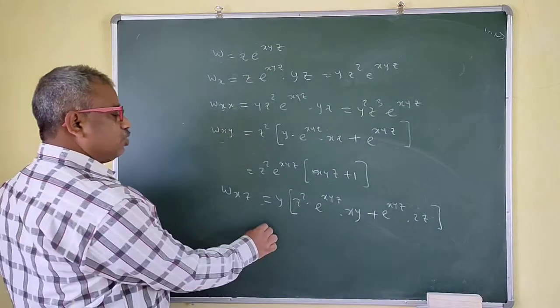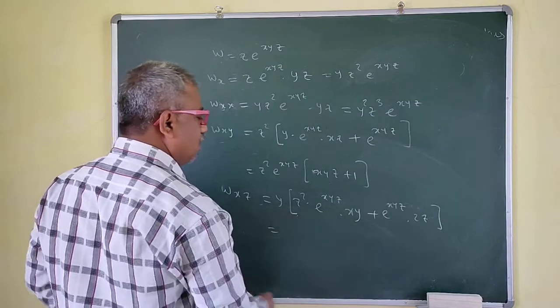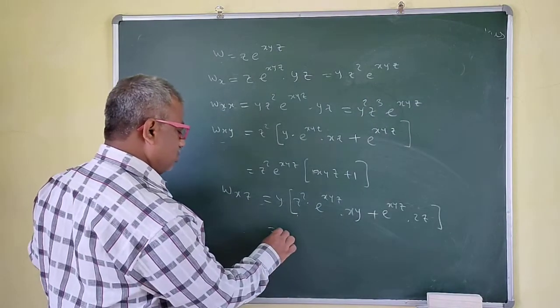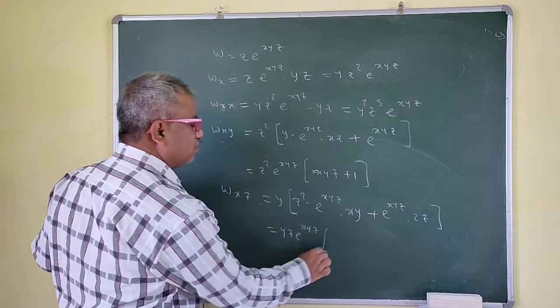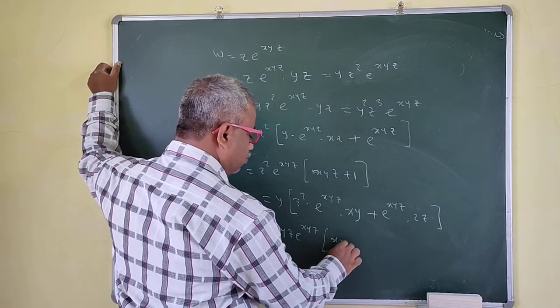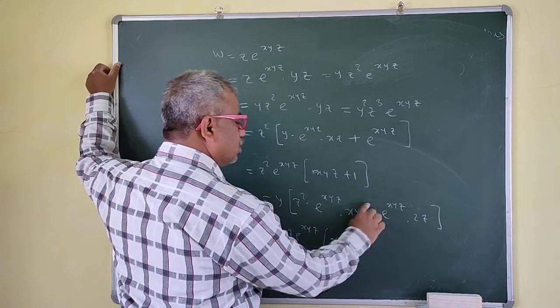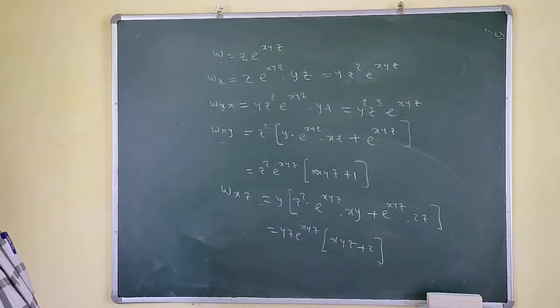So which one will be common? z is common and e raised to xyz is common. So yz e raised to xyz is common. So this is xyz. So this is common. So plus 2. Right?